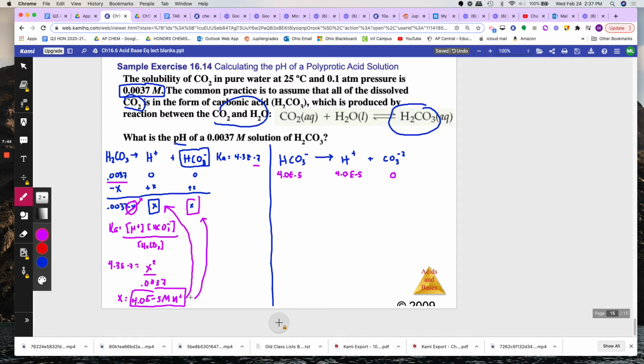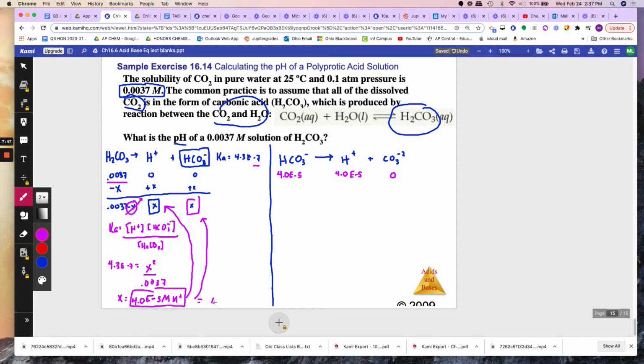And you made that of the H plus, which is the same as 4.0 E negative 5 molar of the other substance, HCO3 minus. So I put those numbers in here, okay? That's your initial. Now this is going to break apart. Minus x plus x plus x. 4.0 E negative 5 minus x. 4.0 E negative 5 plus x, and x.